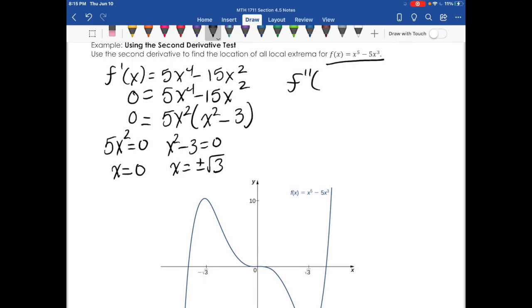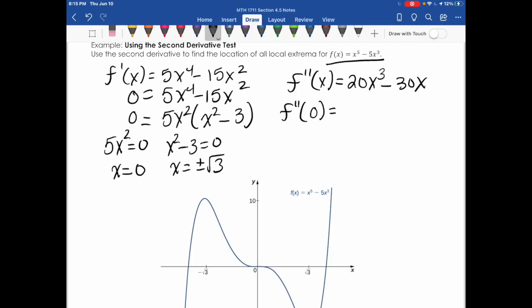Now I have to take the second derivative and plug in those critical values and check to see if they lie on intervals that are concave up or concave down. So when I take the second derivative, I'm going to get 20x to the third minus 30x.